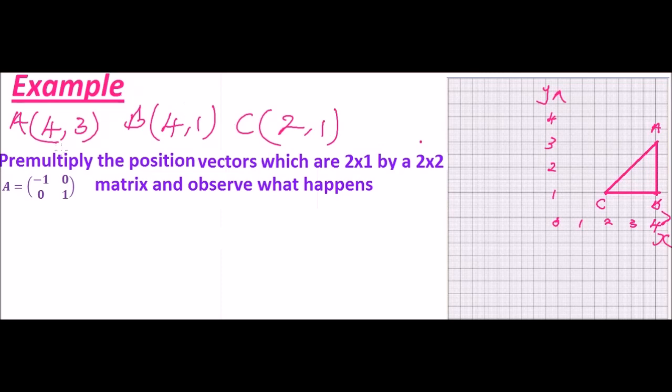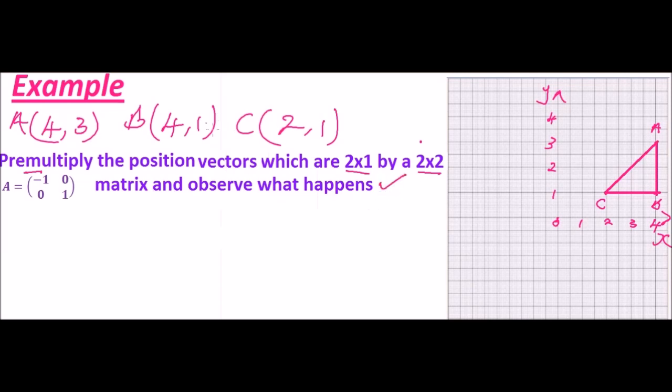Then we are going to premultiply the position vectors by another matrix, which we are calling A, equals the matrix with rows minus 1, 0 and 0, 1, which is a 2 by 2 matrix, and observe what happens.